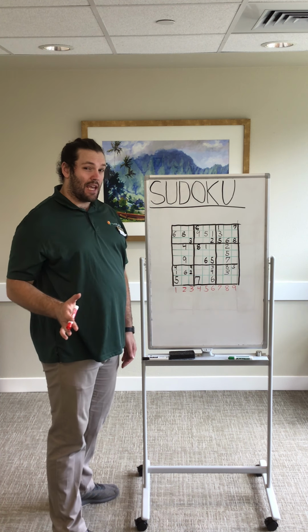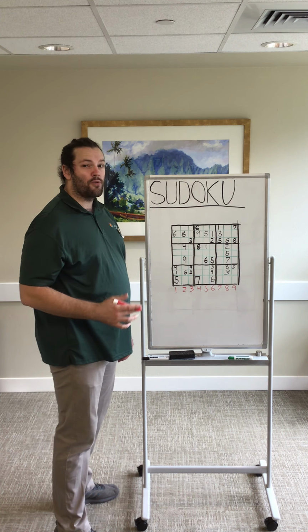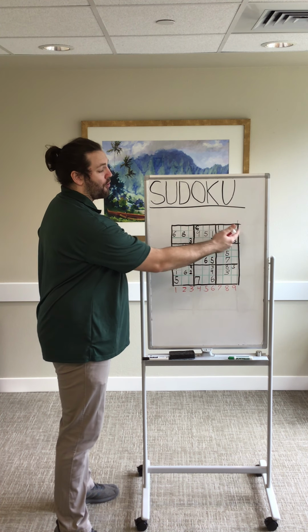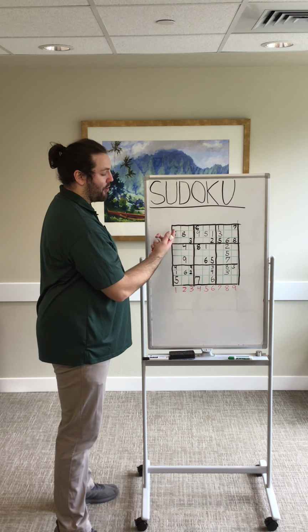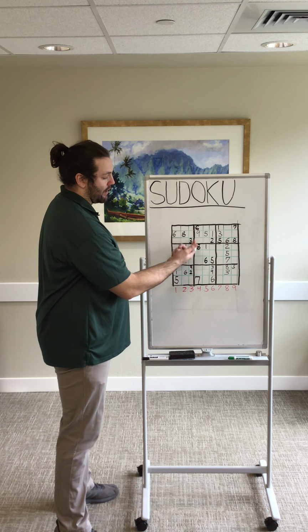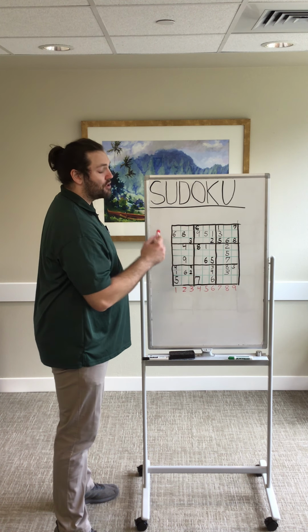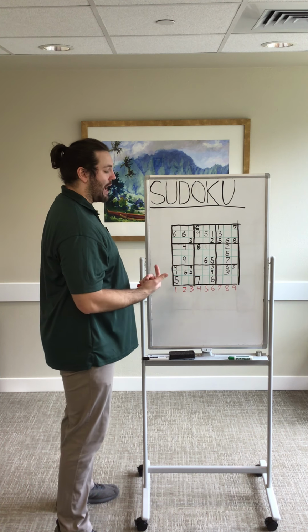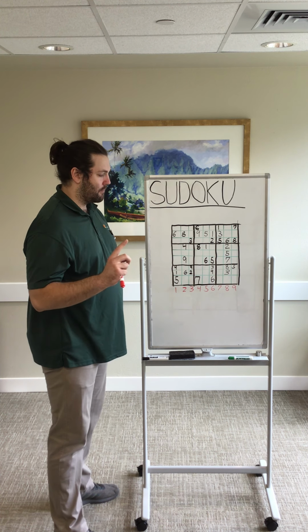The object of the game is to get the numbers 1 through 9 into every cell per row and per column. Also per block. So that each number can only be in the row, column, or block one time.